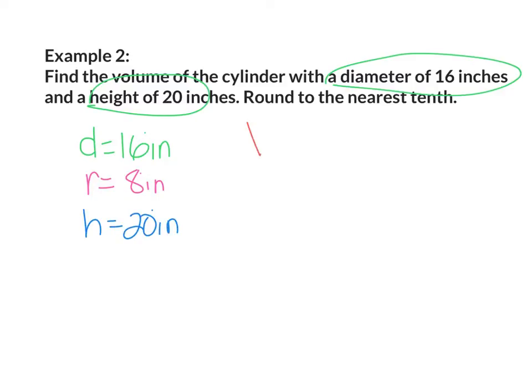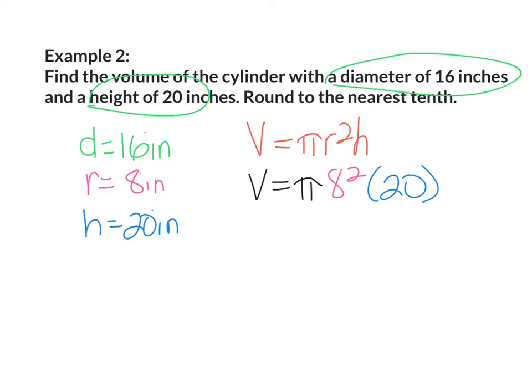Now I'm going to write the formula, V equals pi r squared h. I'm going to plug everything into my formula. So I have V equals pi, r squared is going to be 8 squared, times the height, which is 20.